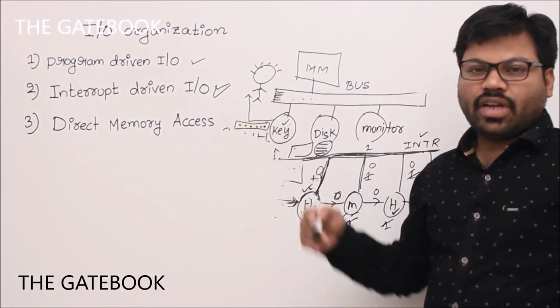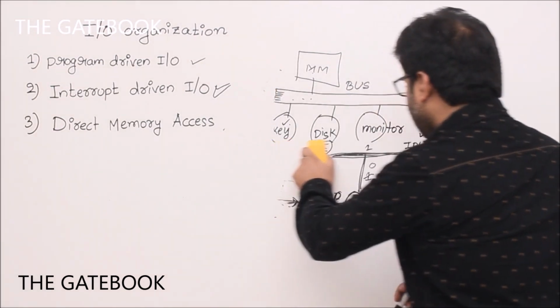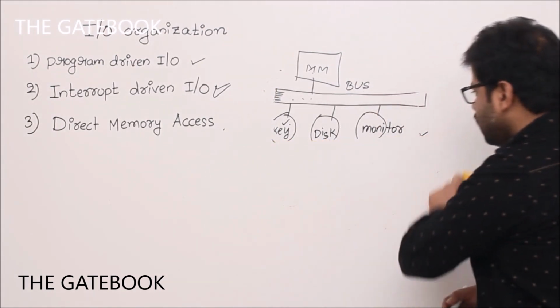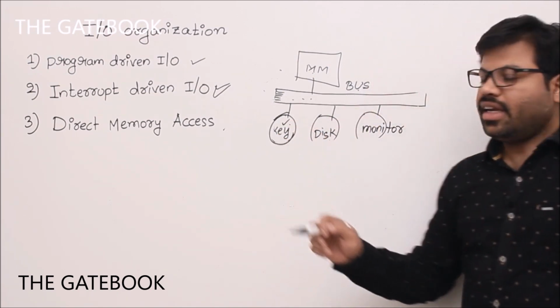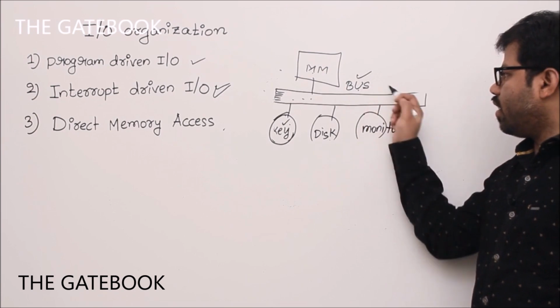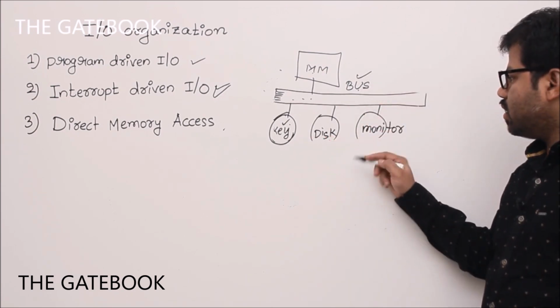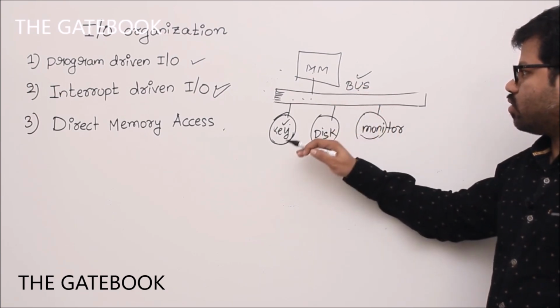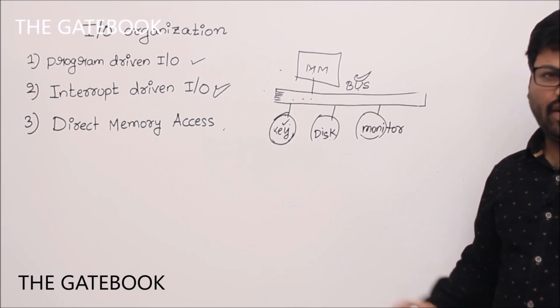Before going to direct memory access, one more thing I would like to talk about is the bus. Since there are multiple devices using this bus, at any time who has to acquire the bus is the question, right? When multiple devices want to communicate, or want to send data to main memory, to whom the bus should be given is a question.